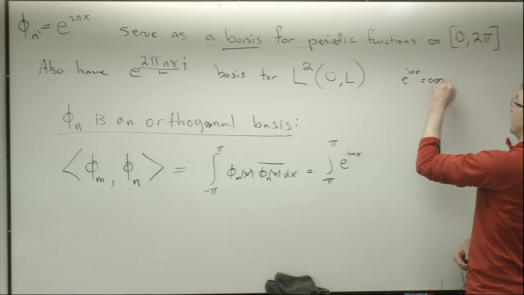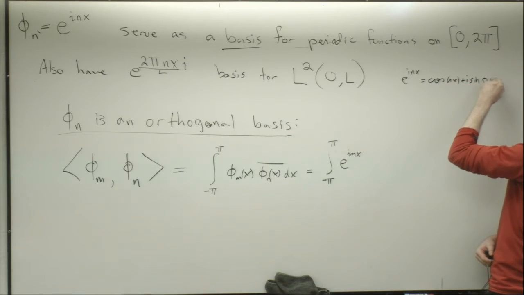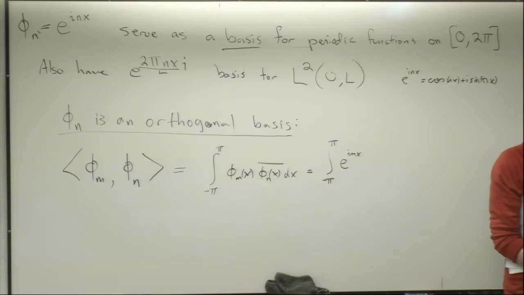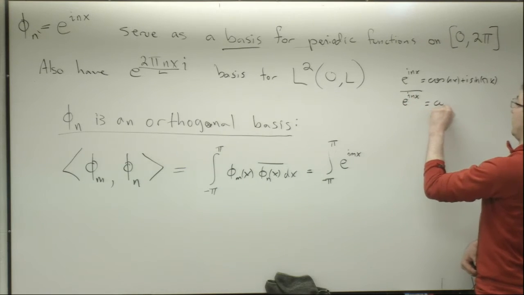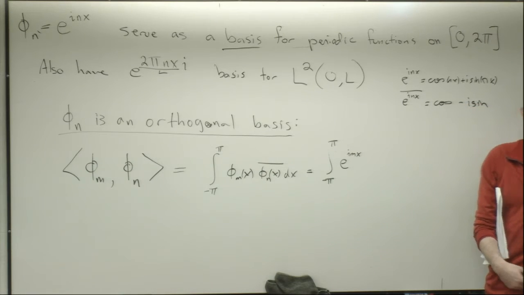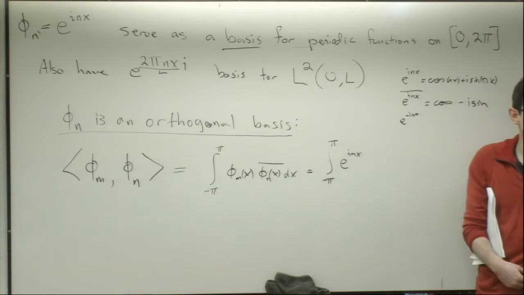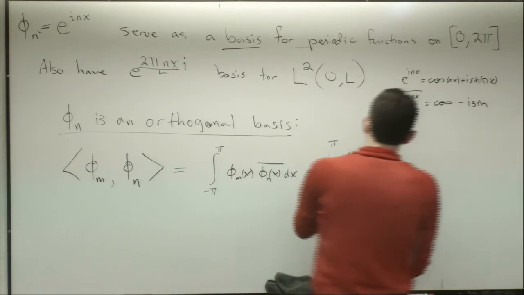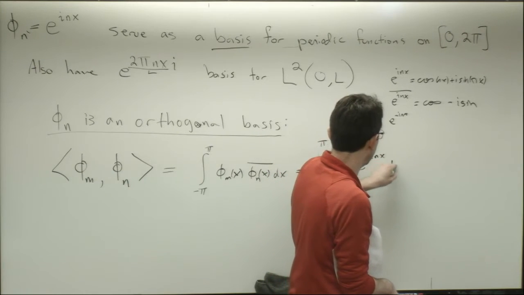That's just cos nx plus i sine nx. So the conjugate is cos minus i sine. Another way I could get that is by saying that's e to the minus i n x. So the complex conjugate of phi n is e to the minus i n x dx.